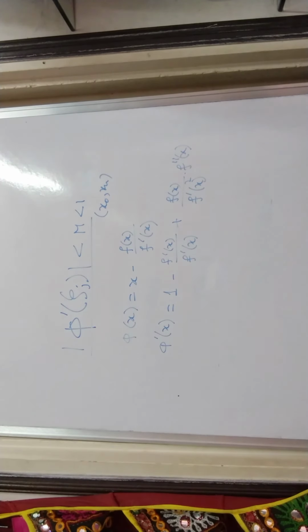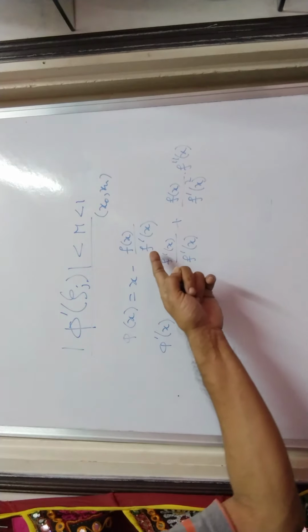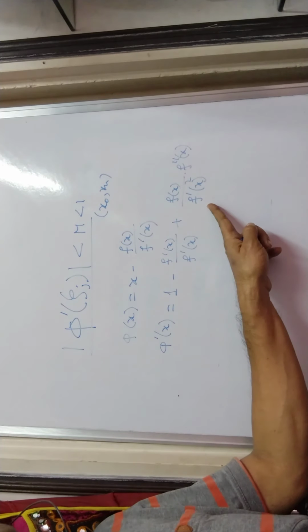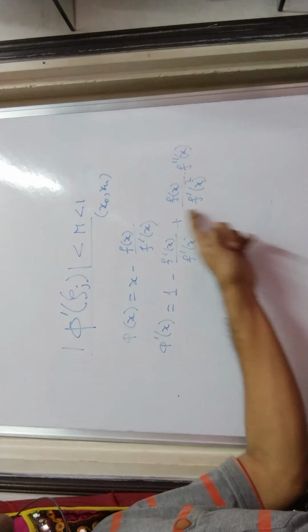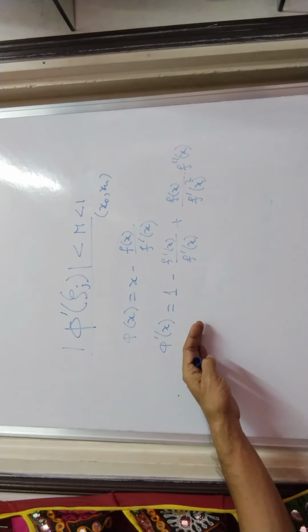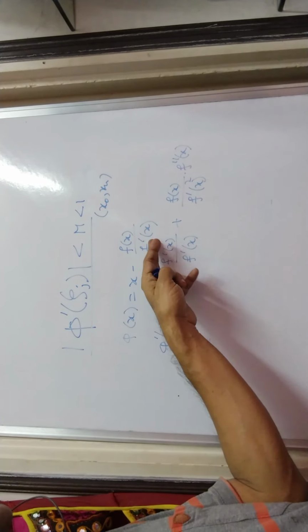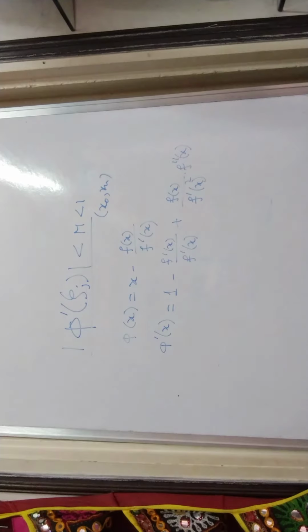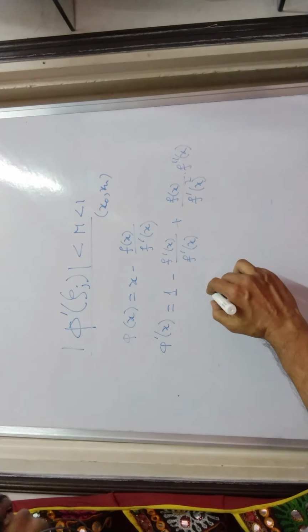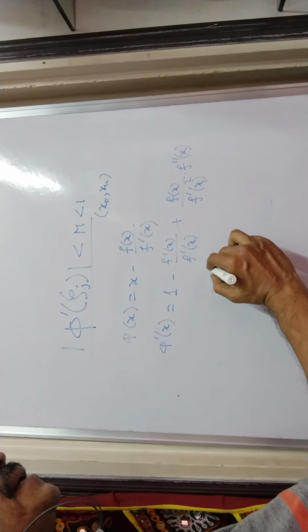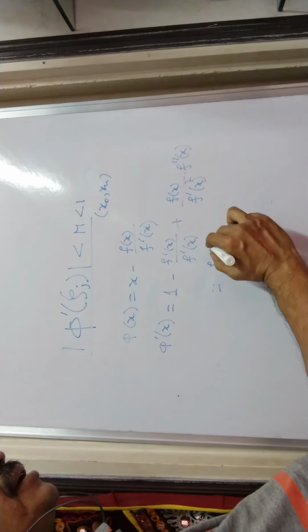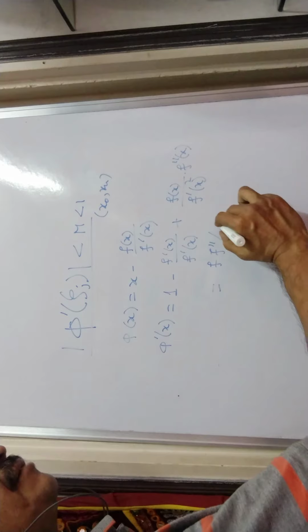Isn't it so? The derivative of 1 by f prime x is nothing but minus 1 upon f prime x whole square, and for chain rule, since we are taking the derivative with respect to x, f prime x is to be derived with respect to x, so it is into f double prime x. Now this 1 and 1 cancels out and it comes out to be fx f double prime x by f prime x whole square.